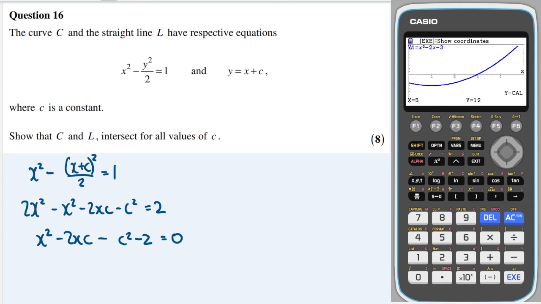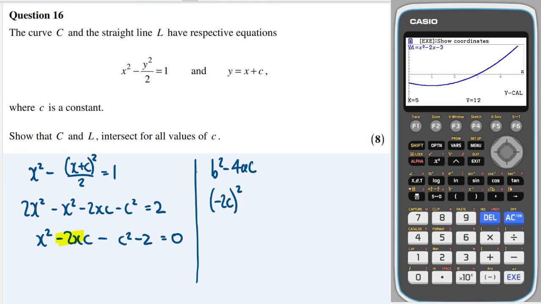Okay, now if they intersect, then it means that the discriminant of this quadratic will be greater than or equal to 0. So let's see what the discriminant gives us. The discriminant will be b squared minus 4ac. The b term is minus 2c.